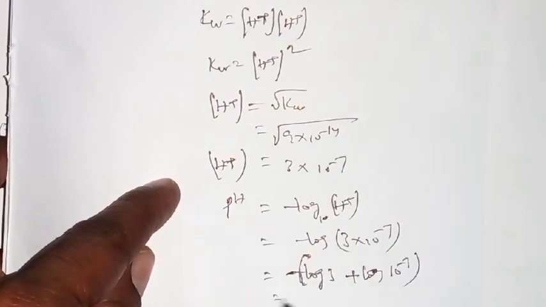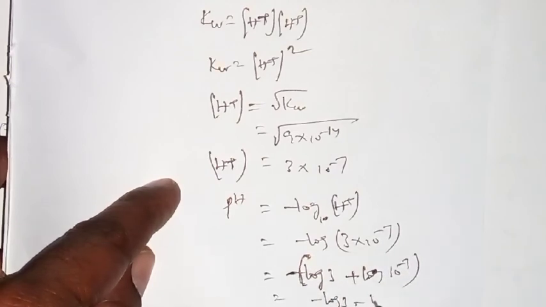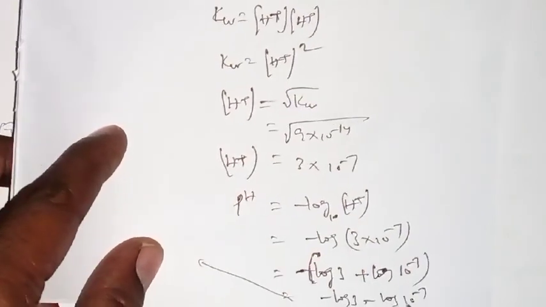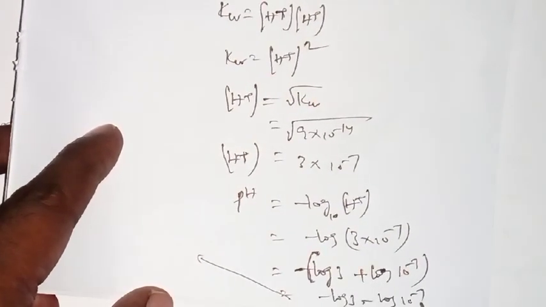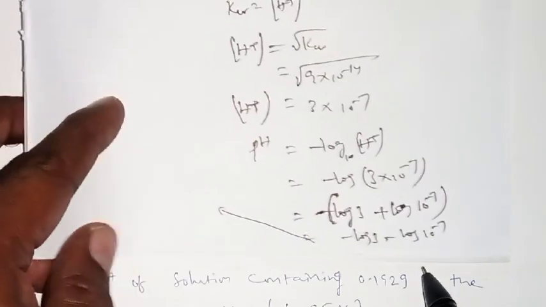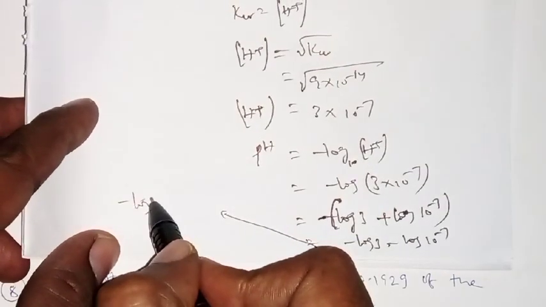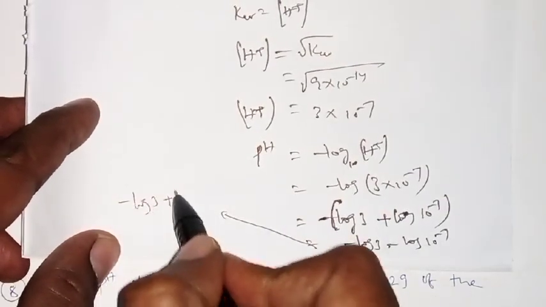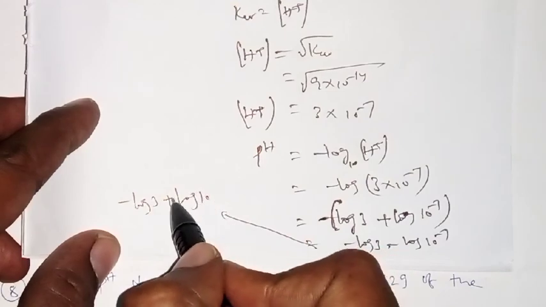That is why minus log 3 minus log 10 power minus 7. Again this formula is log x power m. That is what we get here: minus log 3 minus into minus plus 7 log 10.